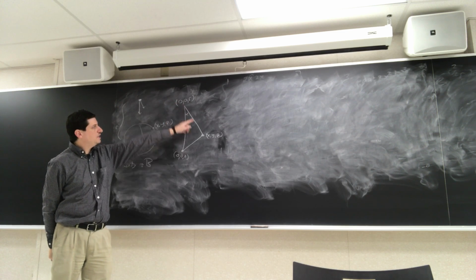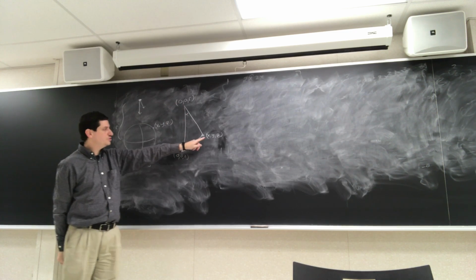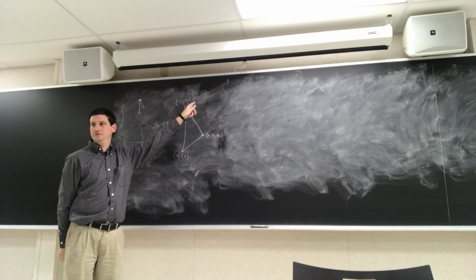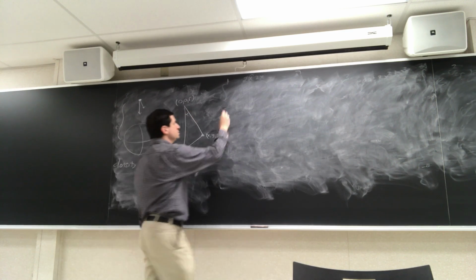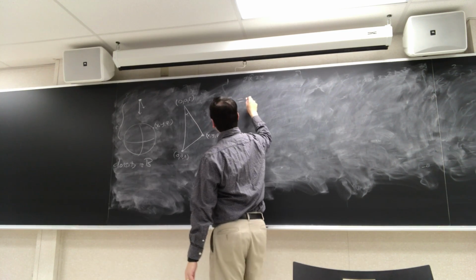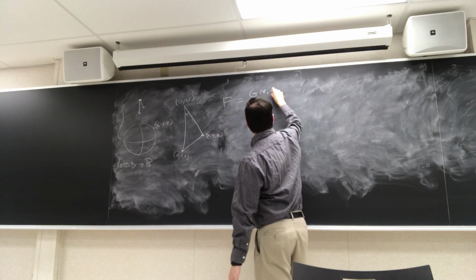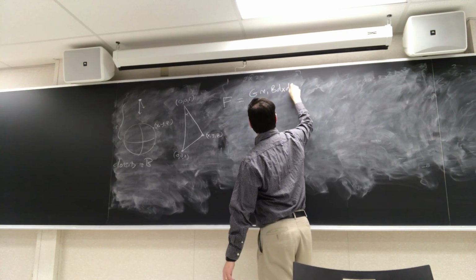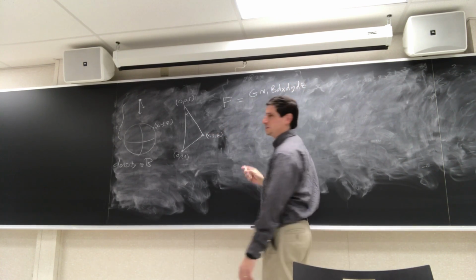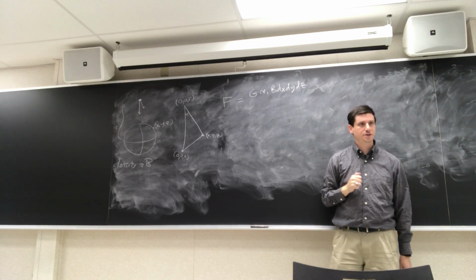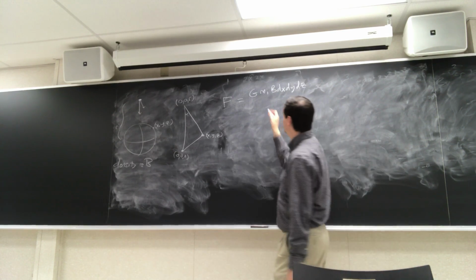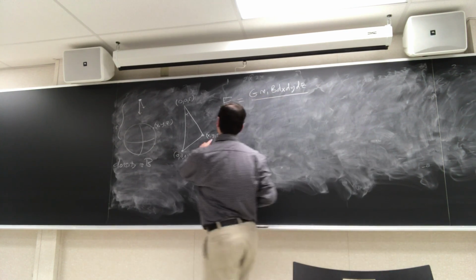So if I want to calculate the distance, it's just going to be x, y, z minus 0, 0, r. So the force is going to be G m1, and it'll be B dx, dy, dz. That'll be my small infinitesimal mass at x, y, z. I have to divide by the square of the distance. All right?